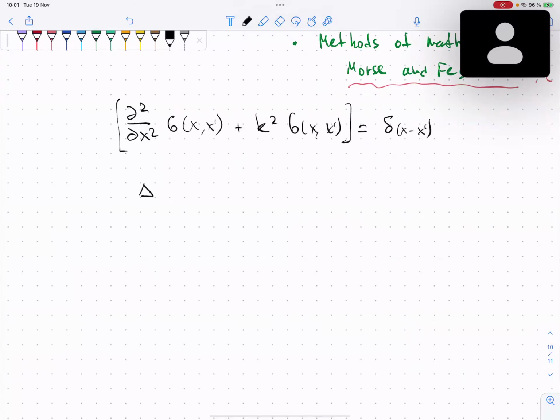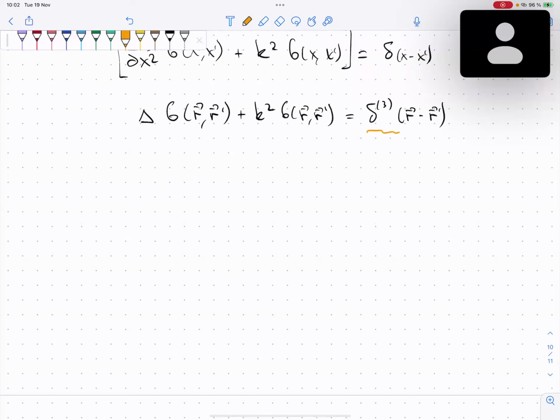It will be something like this: the operator acting on g of r and r prime plus k squared g of r and r prime equals the three-dimensional delta function, which is just delta of x minus x prime, delta of y minus y prime, delta of z minus z prime.